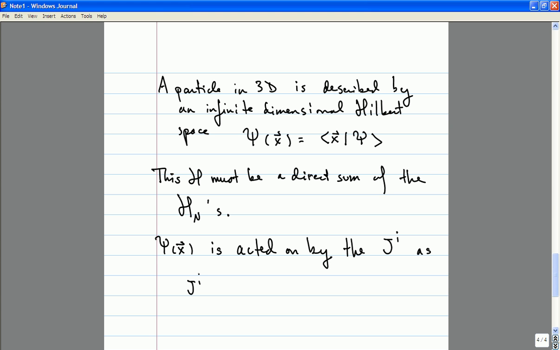So J_i is minus i h bar times epsilon_ijk x_j d by dx_k. Or, using our vector calculus notation, minus i h bar, the cross product of x with the gradient operator.